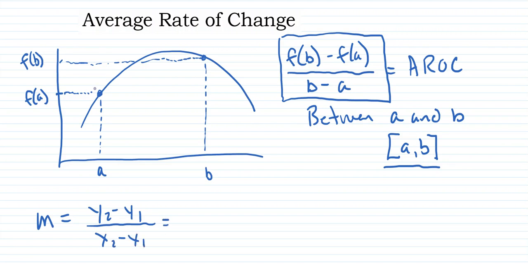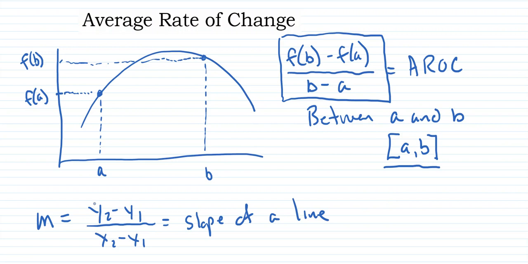Well, that's exactly what we have here. The function value f of A and f of B are really two y values, and A and B are really two x values. So this is the slope of a line.